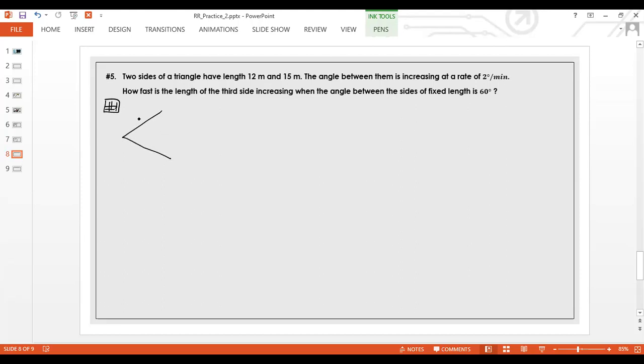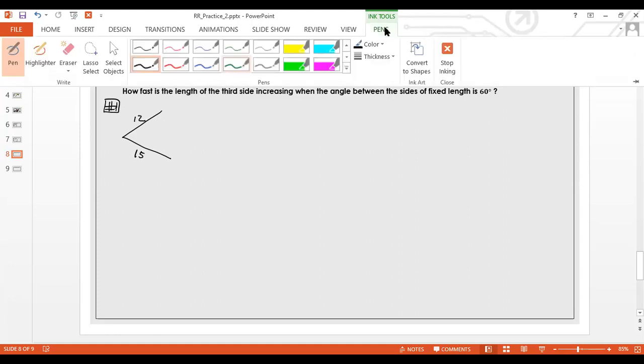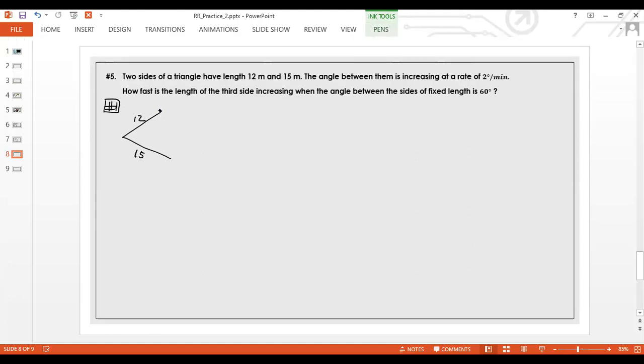So here, this side is 12, this side is 15, right? So this is my third side, and this is the angle between them here. All right, so let's see how we find the values here.